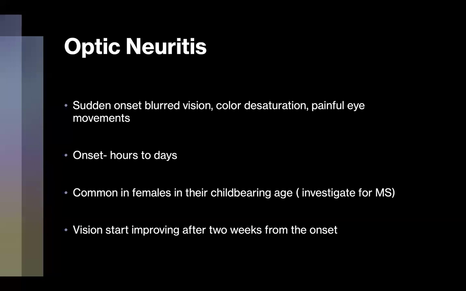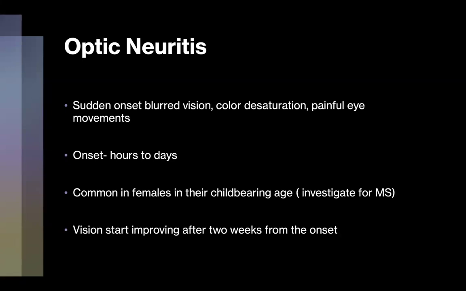In a female of childbearing age, that is optic neuritis unless proven otherwise. Onset hours to days. And even without treatment, simple optic neuritis starts settling after 2 weeks. They will say the vision is improving gradually after 2 weeks.